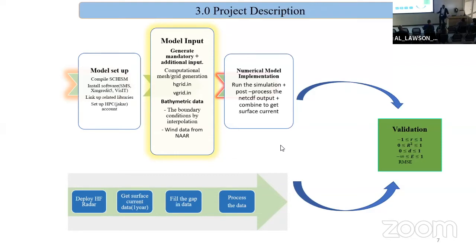We visualize the output. Usually the output is in the form of what? NetCDF. And then we extract the variable of interest, which is total surface current. At the same time, we are deploying the high frequency radar.